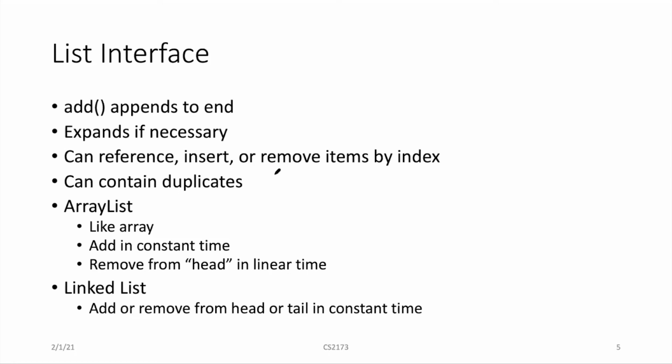I can say remove the third element, in which everybody to the right of that third element has to move down by one. Or I can insert. Let's say I can insert it at index 4, and that means that index 4 goes to 5, index 5 goes to 6, etc. So you see that insertion is kind of inefficient, but can be done.